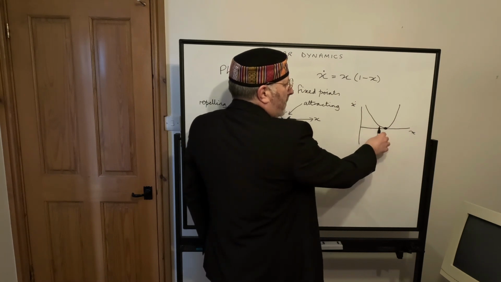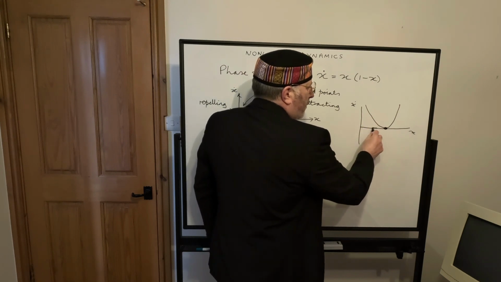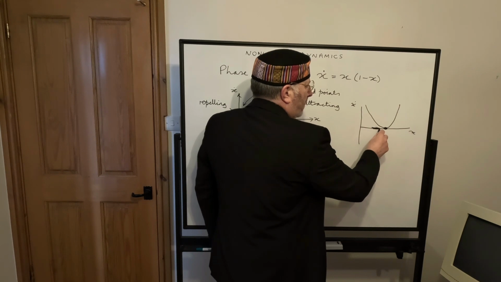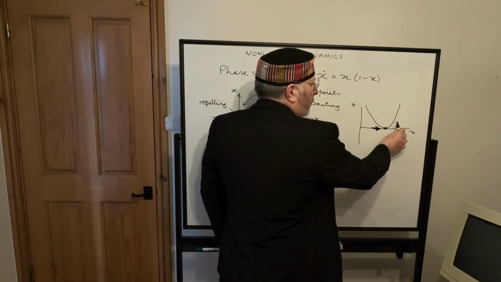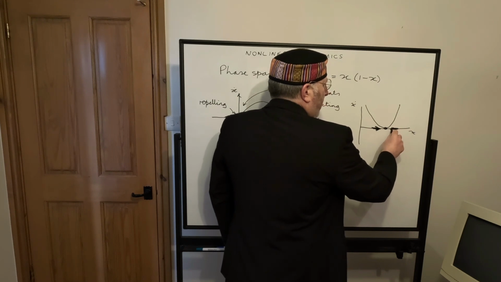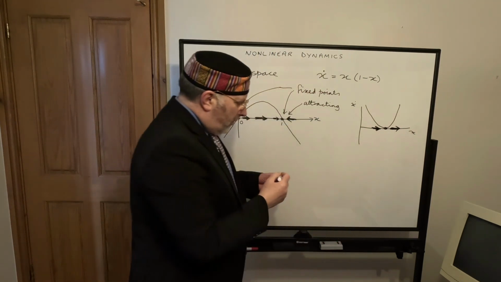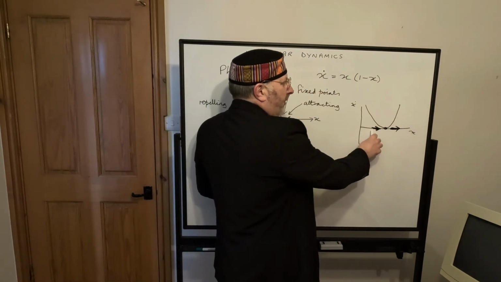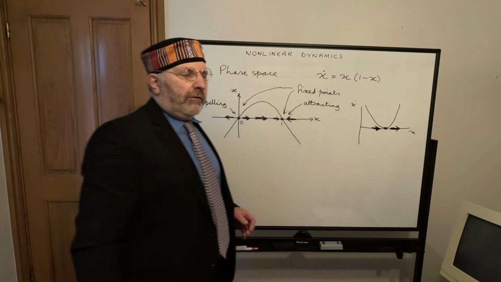And now below the fixed point, x dot is positive, so it will be moving towards it. At this point, x dot is increasing, and above it, x dot is also positive, so it will be still moving in the positive direction. So from below, this looks like an attracting fixed point. From above, it looks like a repelling fixed point.